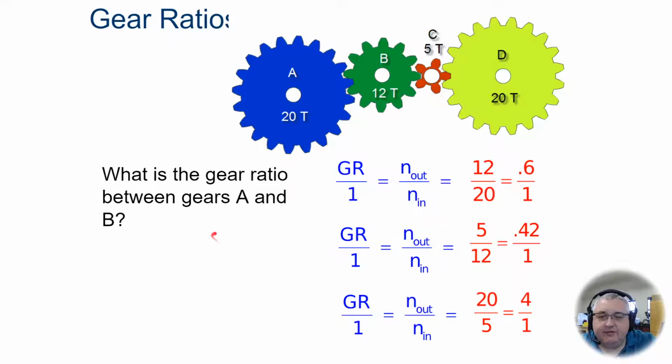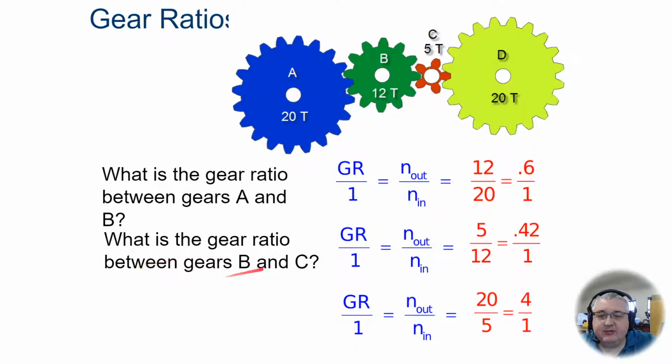If we look at the gear ratio between B and C, again, we just pull the data out. I've got 12 teeth here, I've got 5 teeth here. Number out divided by number in, 5 divided by 12. The first letter is the in. 0.42 to 1.